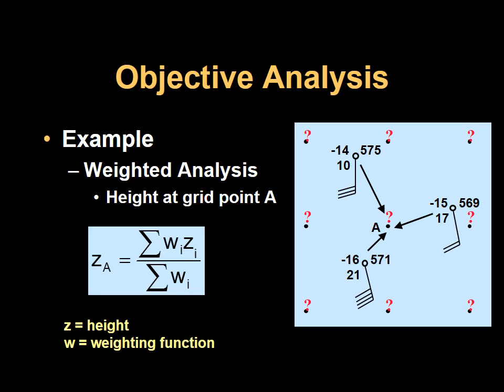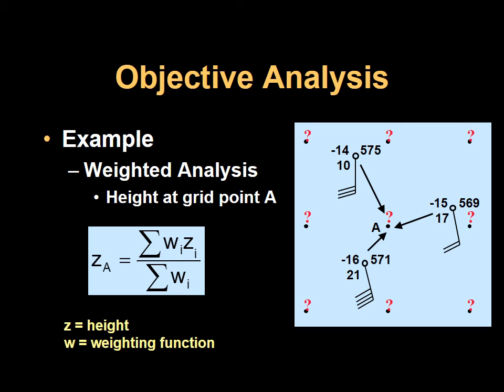So if you want to estimate the height of the pressure surface at point A, you would probably use the point that is closest. That would have probably the biggest influence on point A, the observation that is closest to point A. So we'd give it more weight, we'd give it more importance.